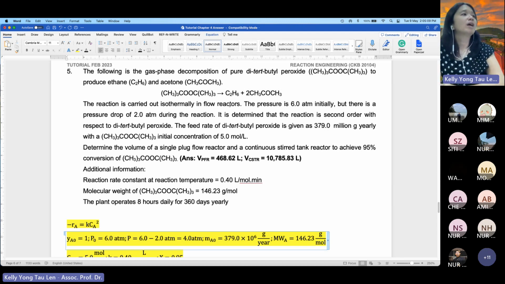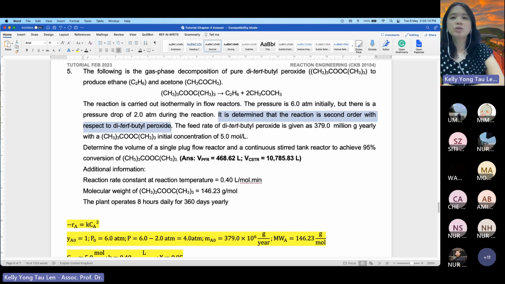Next, it says the reaction is second order with respect to diethyl butyl peroxide, your A. So you can write down the rate law.